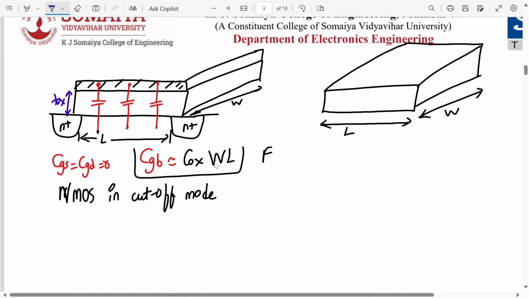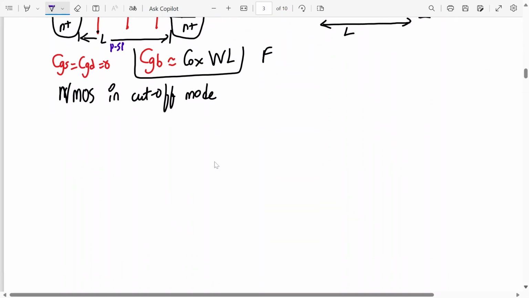So there will be a capacitance here between the metal plate and P plus silicon, and P plus silicon is the body. So this is CGB, Cox into W into L. This is what will happen in the cutoff mode. I hope you are following.